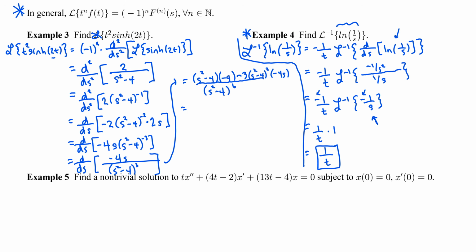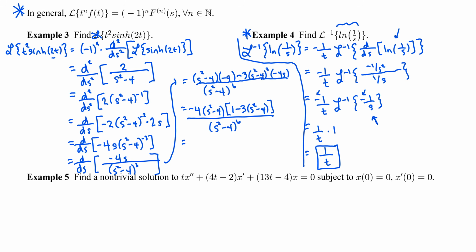Both of the terms in the numerator have both a negative 4 and an s squared minus 4, so I'm going to factor that out. Factoring both of those terms out of the first term, we have a 1 left over, and then we have minus 3 times s squared minus 4. Okay? Now that it's factored, we're going to be able to reduce one of those s squared minus 4 factors with the denominator.